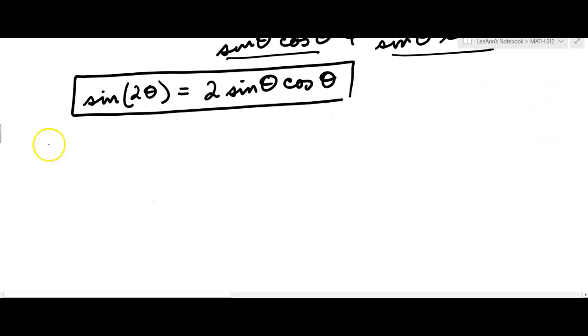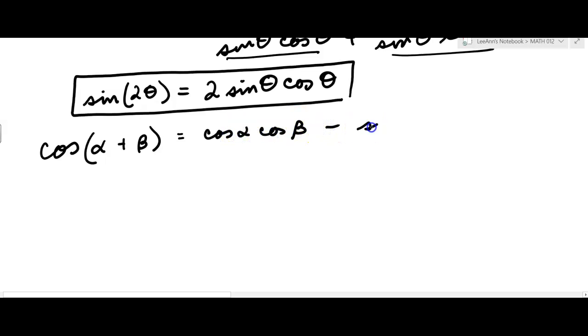Okay, so now we'll do it for cosine. So say we have our addition formula for cosine, and that is cosine alpha cosine beta minus sine alpha sine beta.